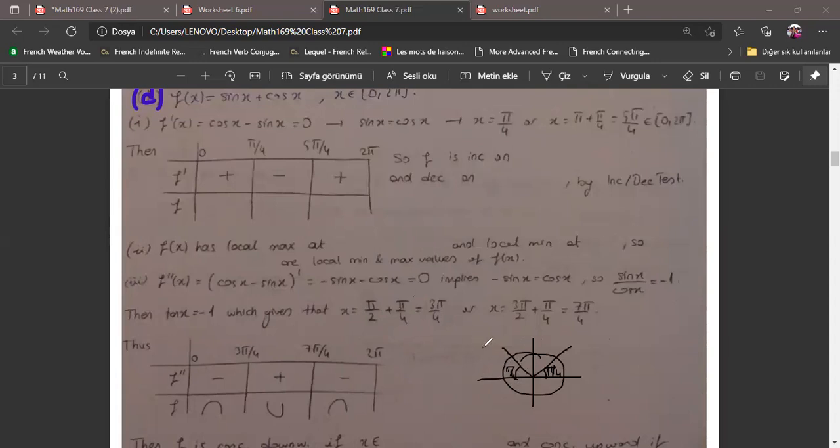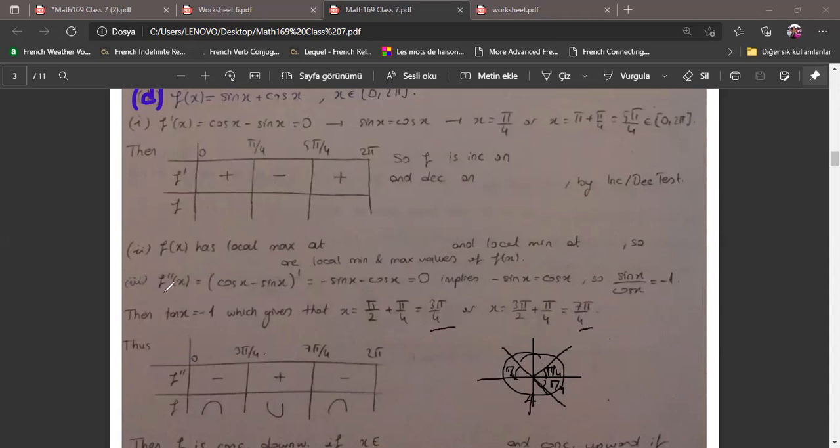They are the same. So here 3 pi over 4 is this part, and they have opposite signs here, again pi over 4. So you can find it as either 2 pi minus pi over 4, or 3 pi over 2 is here, plus pi over 4, you will get this. All right, so we have these two points.